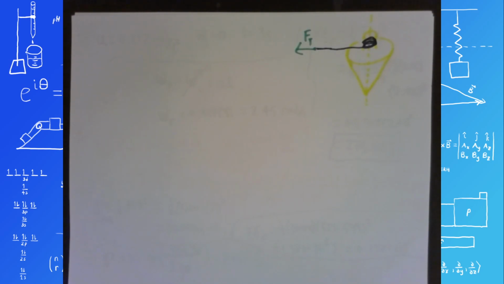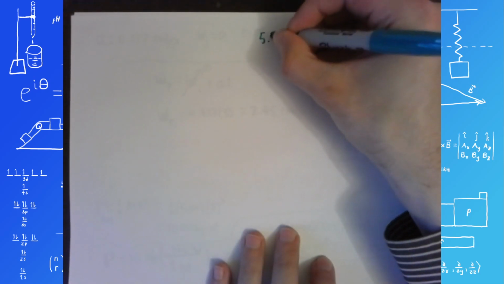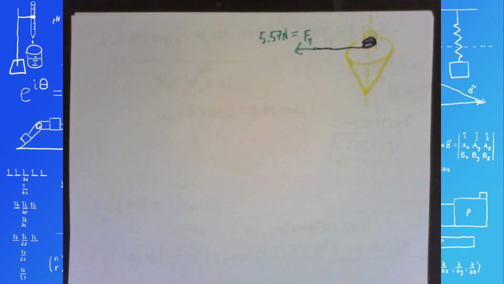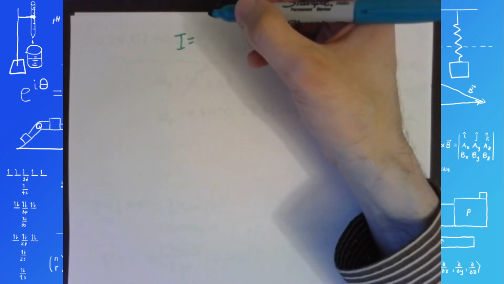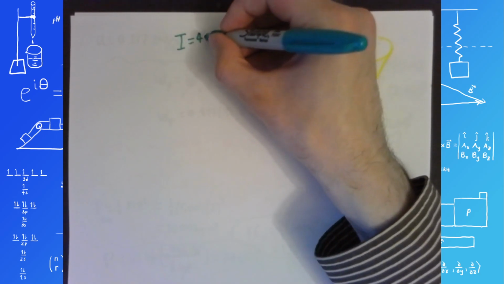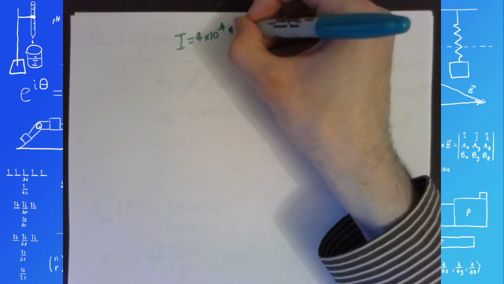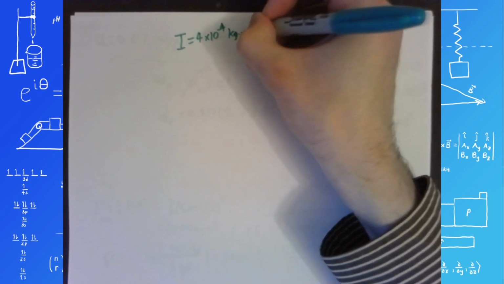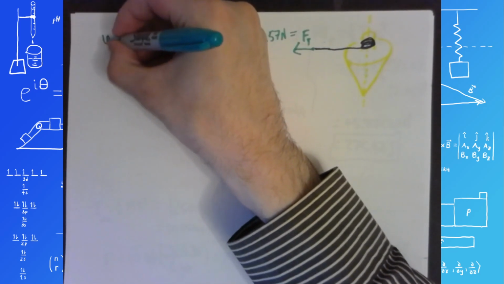Anyway, they tell us that the tension is 5.57 newtons, constant. They also tell us that the moment of inertia of this thing, I don't have a formula for it, so I'm just going to have to take their word for it, is 4 times 10 to the negative 4. Very small. 4 times 10 to the negative 4 kilogram meters squared. And we're told that it's initially at rest.